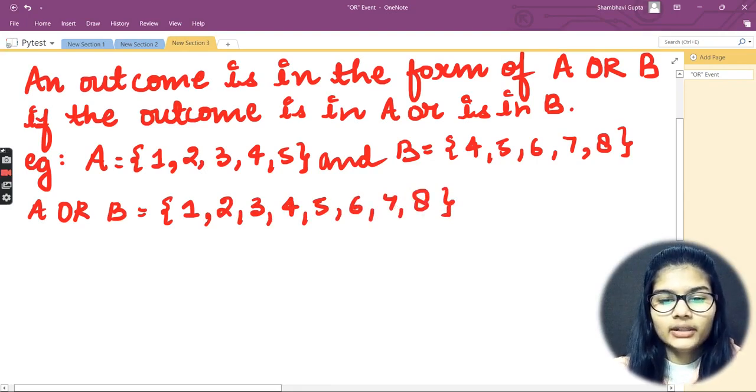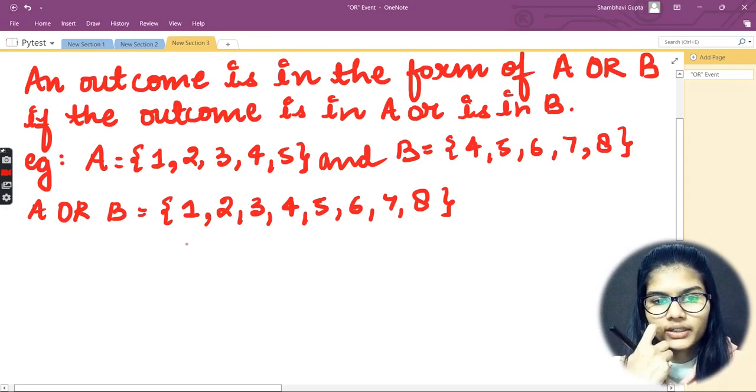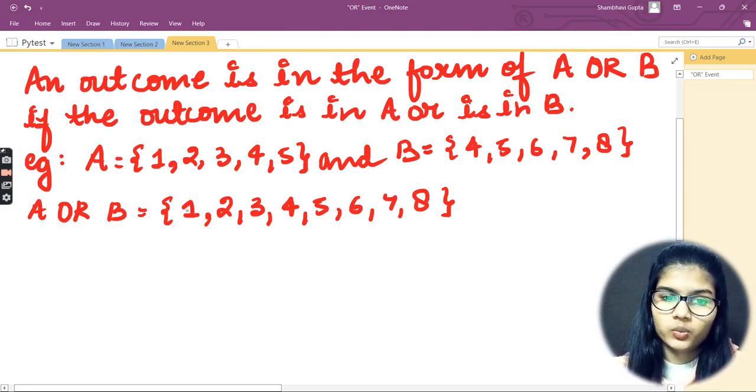Here 4 and 5 are not listed twice because we are calculating A or B. If you use this OR event and have any repetitive numbers, those repetitive numbers get converted to only one. You don't write these numbers 2 times.